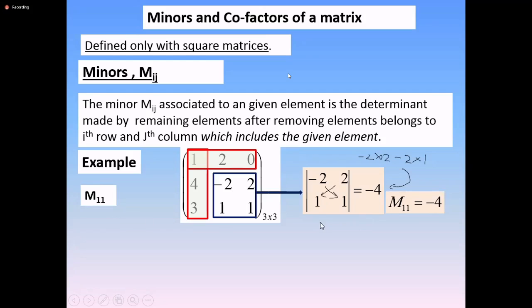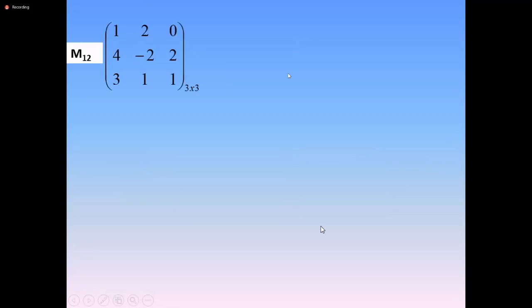Then let's go to the next minor. Because there is a 3 by 3 matrix, we have to calculate 9 minor values. Then the first row, second element minor. We select the element in the first row and second column.